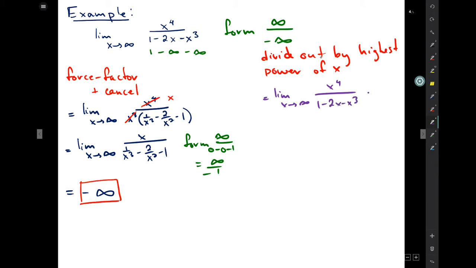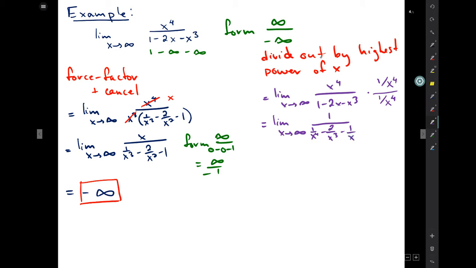And again, the idea is I'm just dividing everything by x to the 4th. Really what this looks like is I multiply the top and the bottom by 1 over x to the 4th. I have to distribute it everywhere. But really in my head, I'm just taking every single term and dividing it by x to the 4th. So on the top I get 1. On the bottom I get 1 over x to the 4th minus 2 over x cubed minus 1 over x.